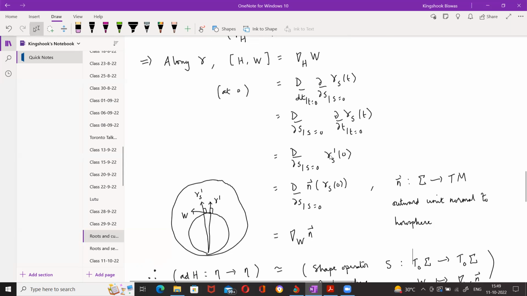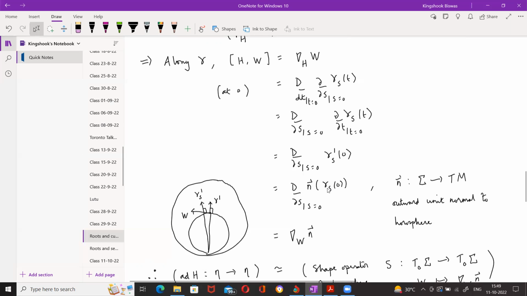And what is gamma_S prime of 0? So gamma_S was this geodesic. So gamma prime is perpendicular to the horosphere. Gamma_S prime is also perpendicular to the horosphere, right? And so this is nothing but the outward unit normal to the horosphere. So this is D del S of the normal N of gamma_S of 0, right? Is this clear?